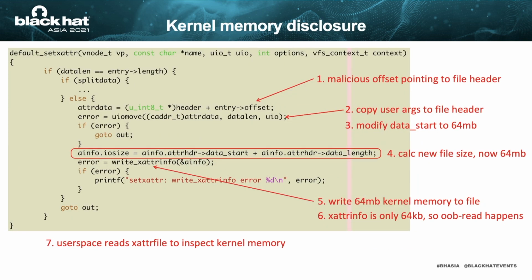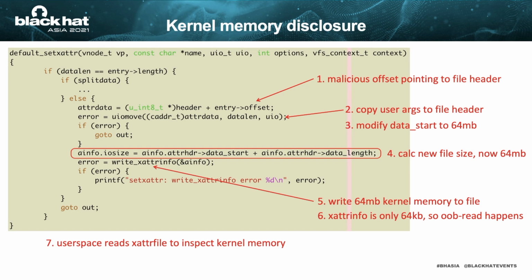The problem is, in fact, the AppleDouble file in memory generally only allocates 64 kilobytes of memory. The write file operation is actually equivalent to a memory copy. If we ask to save 64 MB, then the wanted length is greater than the real length, and an out-of-bounds read occurs.